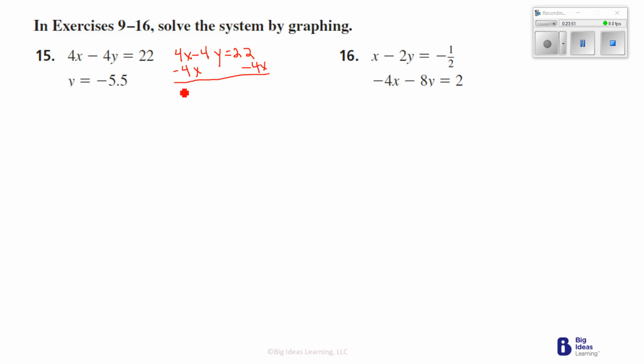That gives me a -4y equals -4x plus 22. Well, now I can go ahead and divide everything by -4. That leaves me with y equals x.